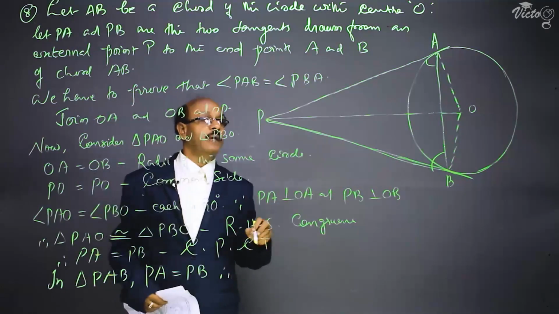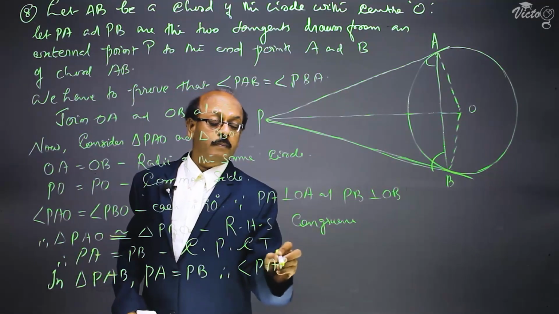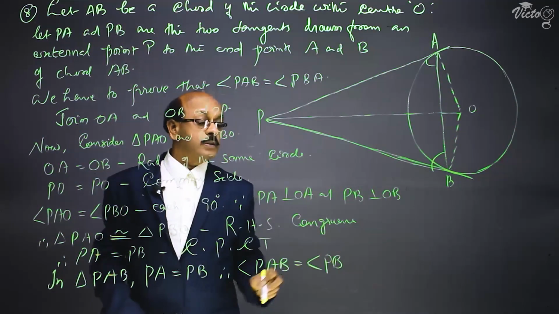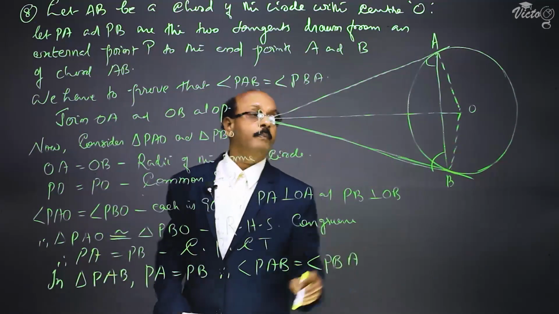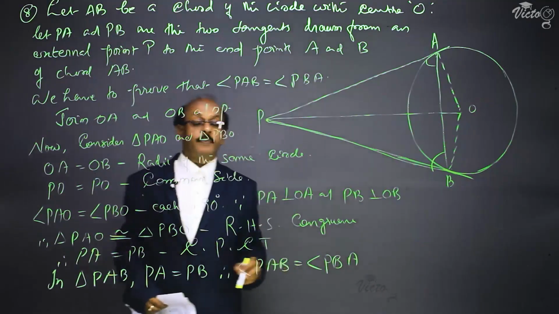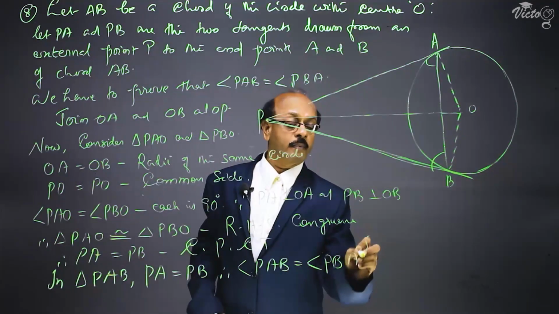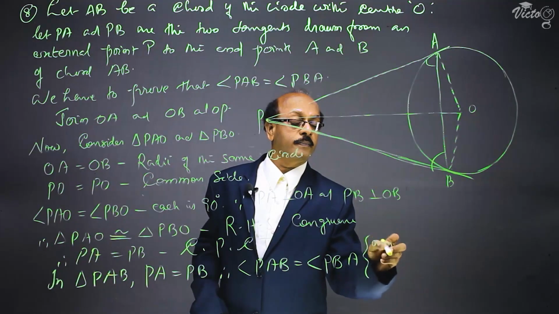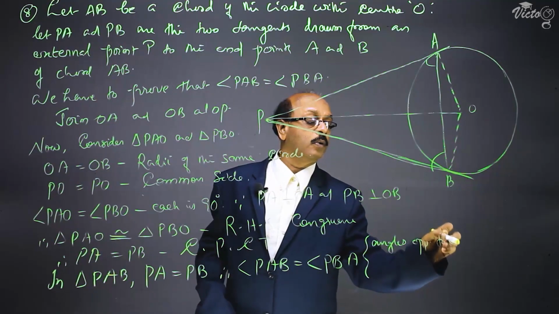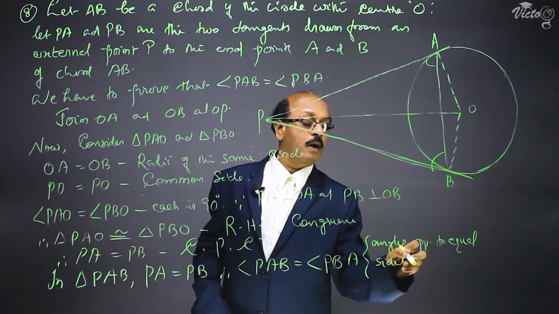Therefore, angle PAB is equal to angle PBA. Reason: angles opposite to equal sides are equal.